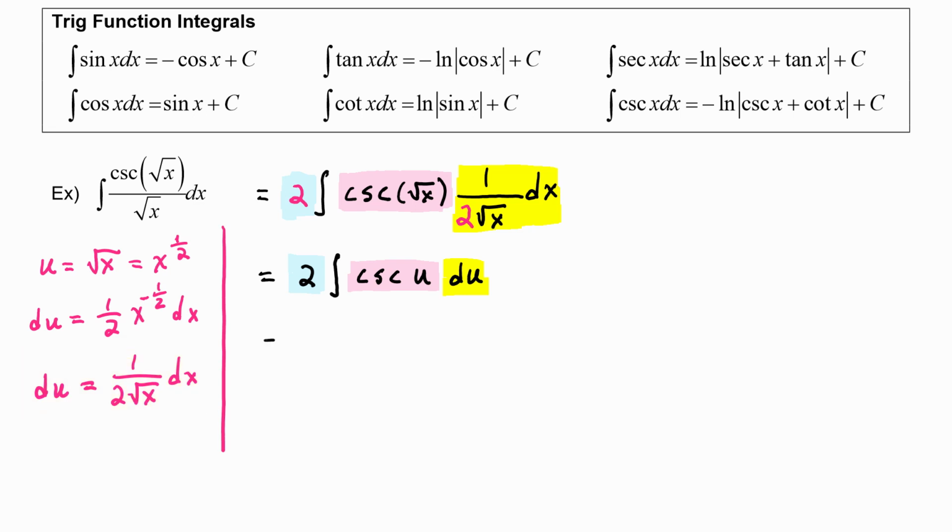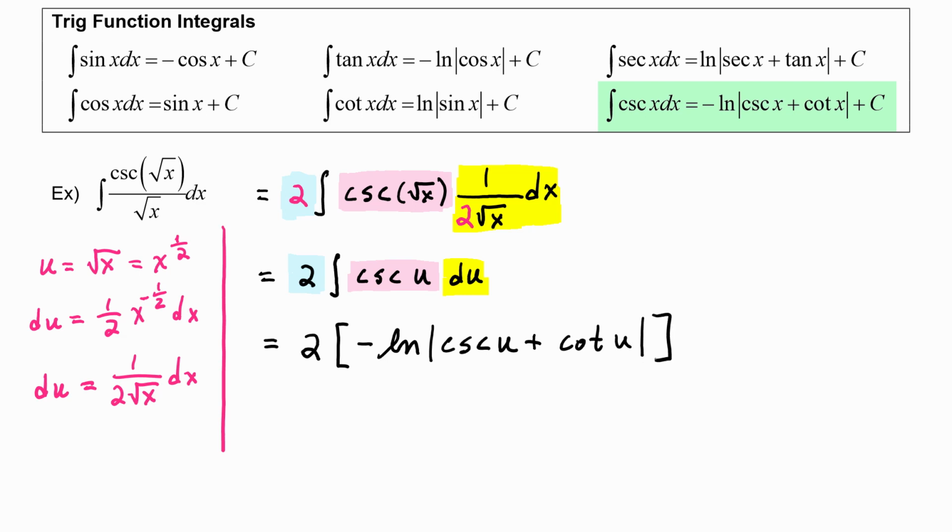So let's bring down the equal sign and that constant of 2, and we just learned that the integral of cosecant u du, we can use this rule right here and replace the x everywhere in the rule with u. So this is going to be negative natural log absolute value cosecant of u plus cotangent of u plus a constant.